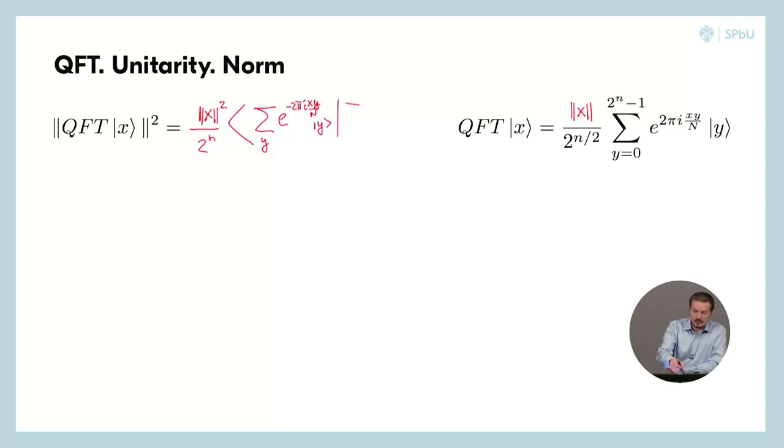And on the second place, this sum is plus 2πi xy, |y>. And of course, these counters are different, so we may denote them y1 and y2 here.